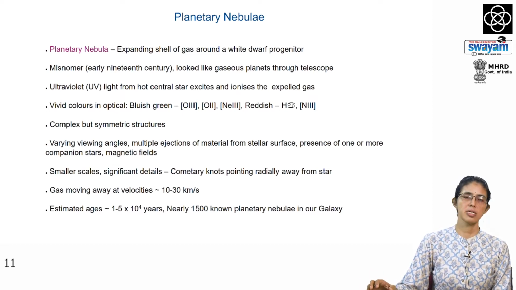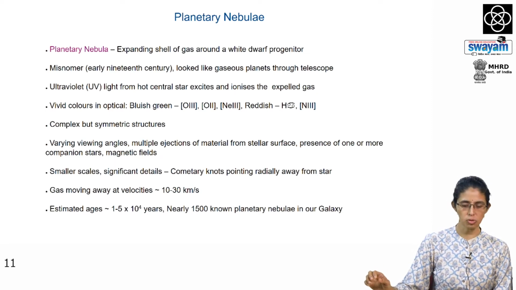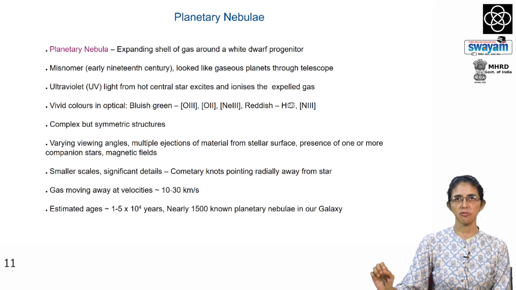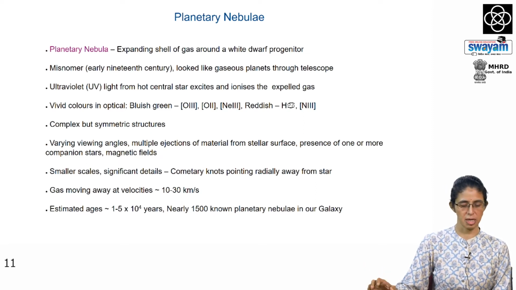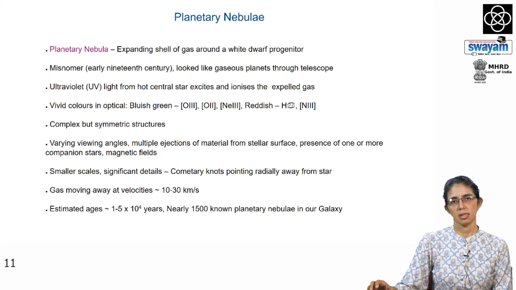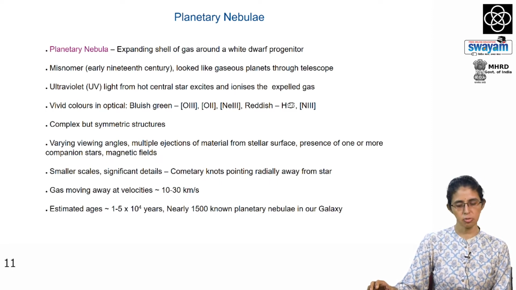On smaller scales, it has been found that bright cometary knots are seen close to these planetary nebulae. This represents gas moving at very high velocities away from the star, of the order of 30 to 40 kilometers per second. The estimated age of a planetary nebula is around 10,000 to 50,000 years, and currently around 1500 planetary nebulae are known in our galaxy.